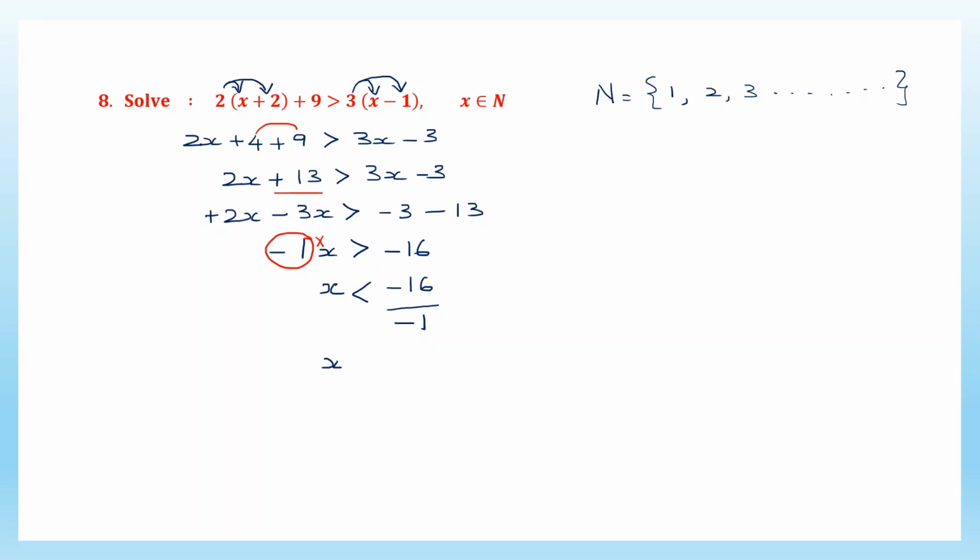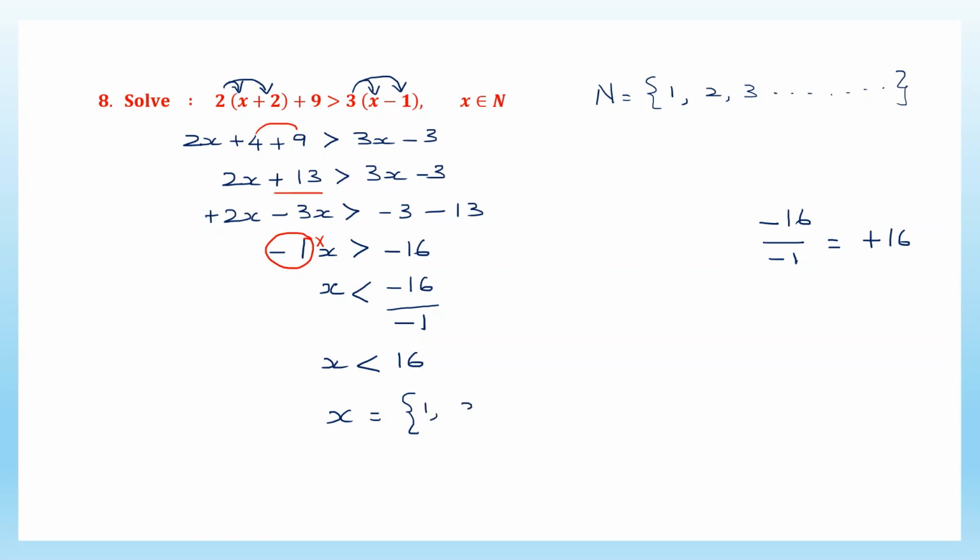So let's remove the sign and reverse it and write less than. So x is less than, now let's work out, minus 16 by minus 1. Minus into minus is plus, 16 divided by 1 is 16. So x is less than 16. So now we can get our solution set for x. We can get all the values of x. All the values of x are natural numbers which are less than 16. So we have to write numbers starting from 1 up to 15.